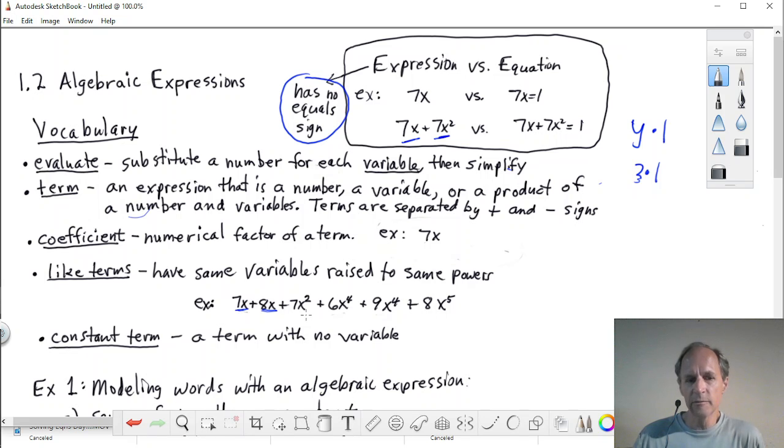There is no like term for that one. 6x to the 4th, there is a like term for it. We'll put a double line under those to show they're like terms. 6x to the 4th and 9x to the 4th. 8x to the 5th does not have a like term. So there's a couple of pairs of like terms in that one.